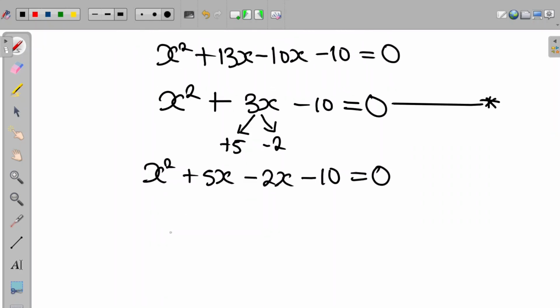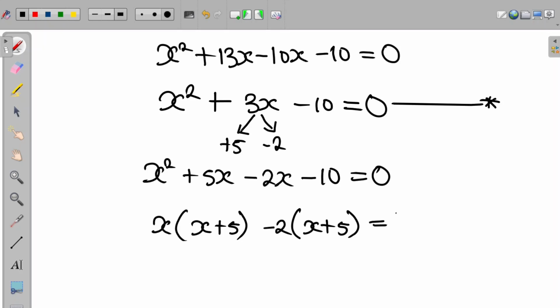So we have that this becomes x(x + 5) - 2(x + 5) equal to 0. So we have that this is (x - 2) multiplied by (x + 5) equal to 0.